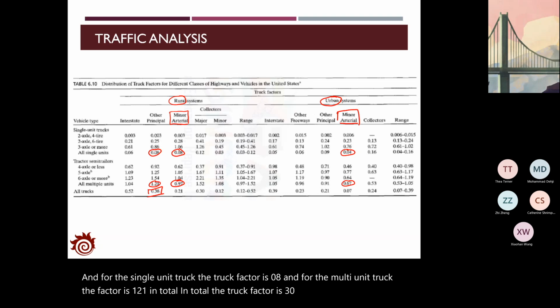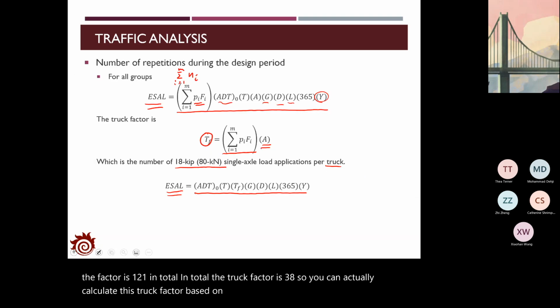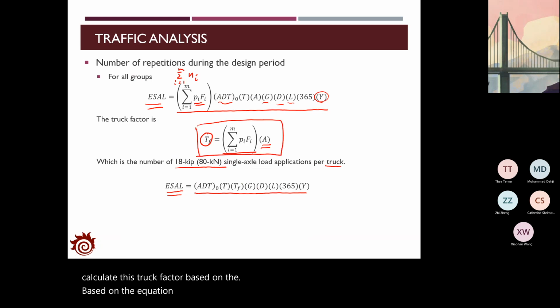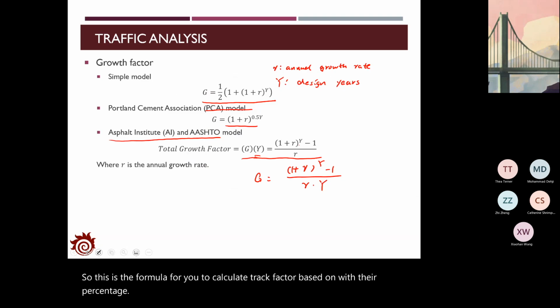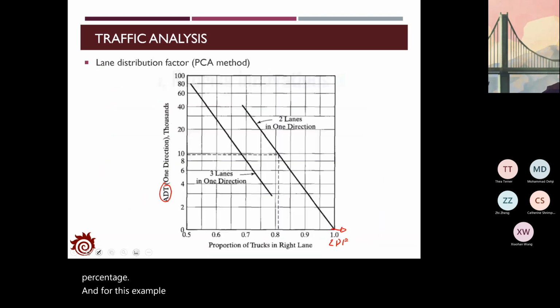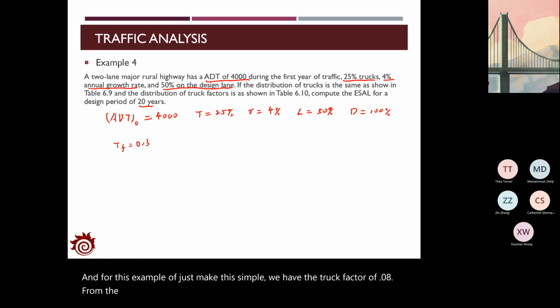You can actually calculate this truck factor based on the equation here. This is the formula to calculate the truck factor based on the percentages. For this example, I will just make it simple. We have the truck factor of 0.38 from the table, and then we need to calculate the growth factor.